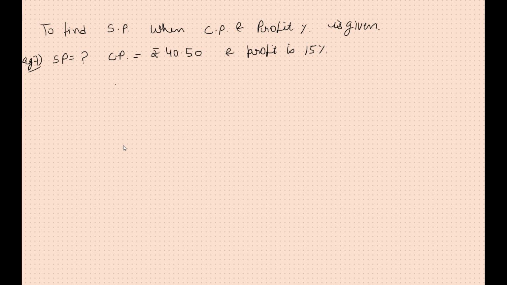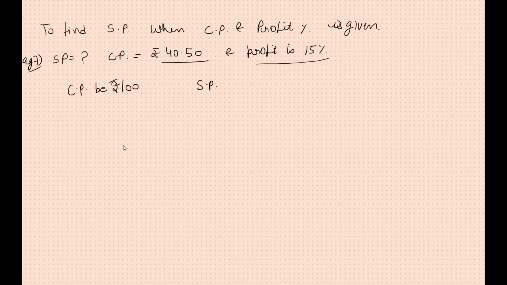So, let us suppose cost price be 100 rupees. Okay, we know the cost price is 40.5 rupees, but let us suppose cost price be 100 rupees and his profit is 15%. So his selling price would be 15% of cost price added.